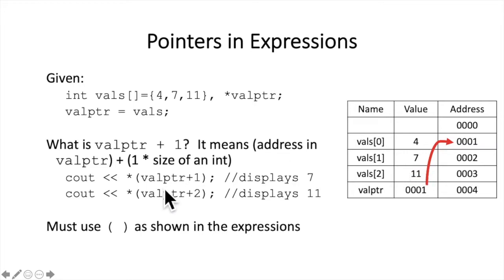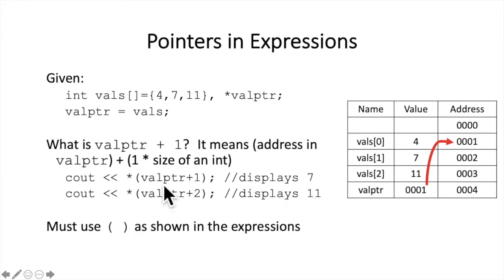So if we do the operation vals ptr plus 1, the address goes to the next address, and this actually refers to element number 7. And same if we add 2, it goes to the next two addresses, address number 1 and address number 2, and it will go to the third element. So if we print it, you will get 11.